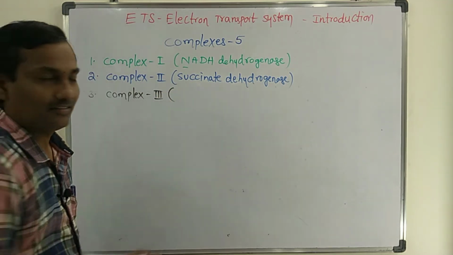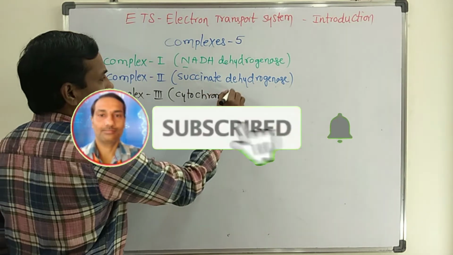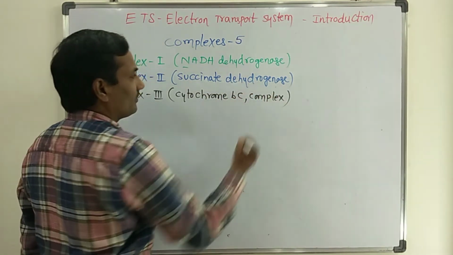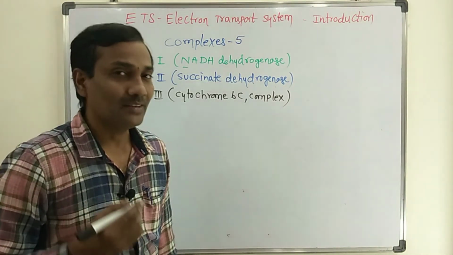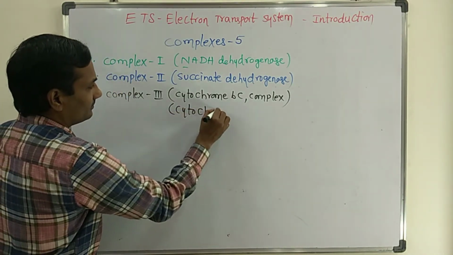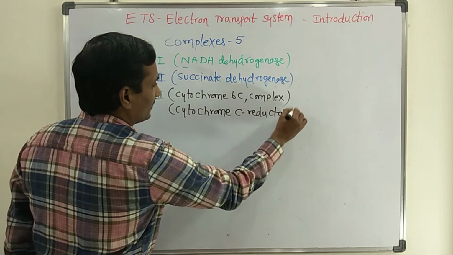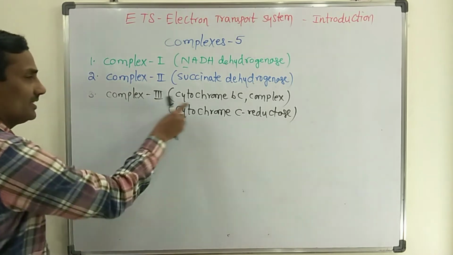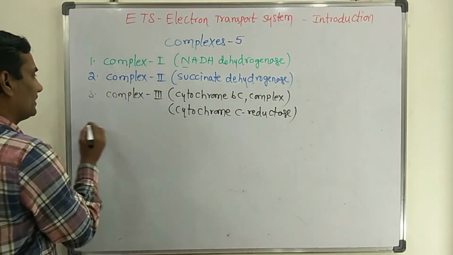Complex 3 is otherwise known as cytochrome BC1 complex. That is also known as cytochrome C reductase. This is complex 3, which consists of cytochrome B and cytochrome C1 components.